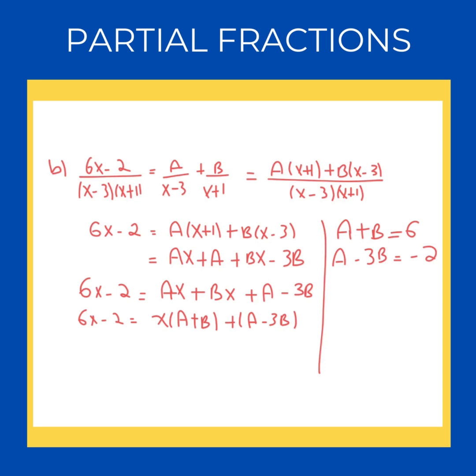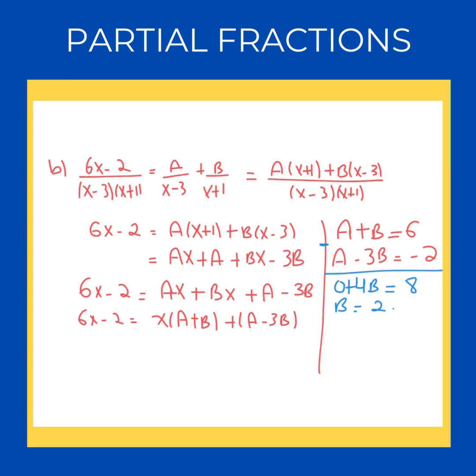Let's subtract the second equation from the first equation. So a minus a is 0, b minus negative 3b is 4b, so 4b equals 6 plus 2, which is 8. So 4b is equal to 8, so b is 8 over 4, which is 2.